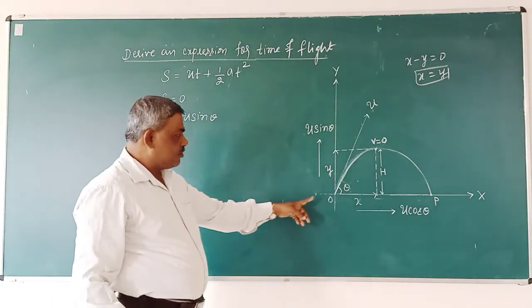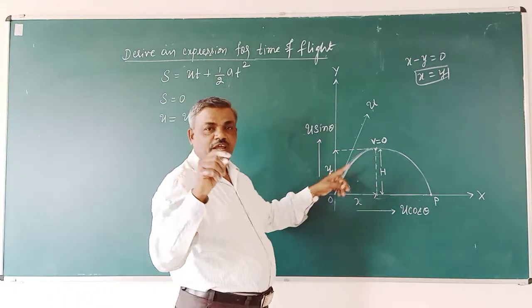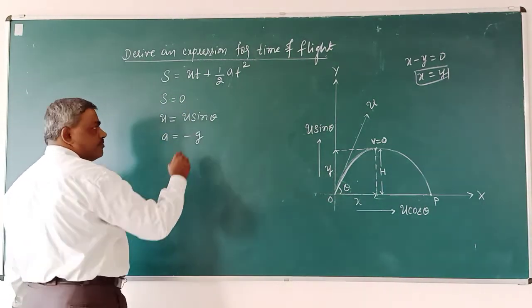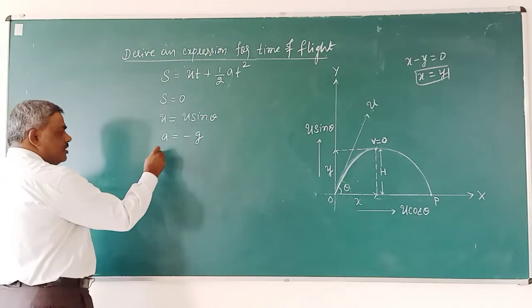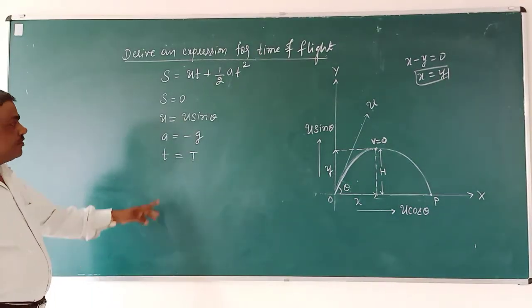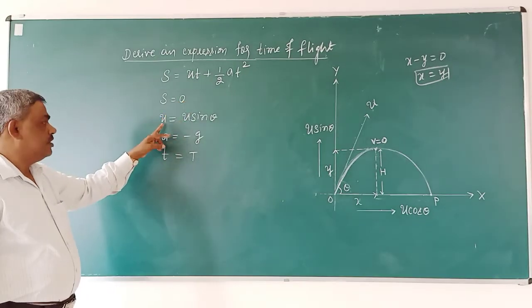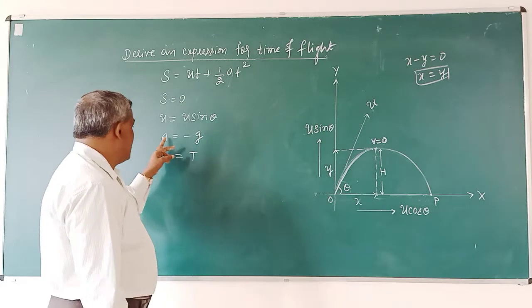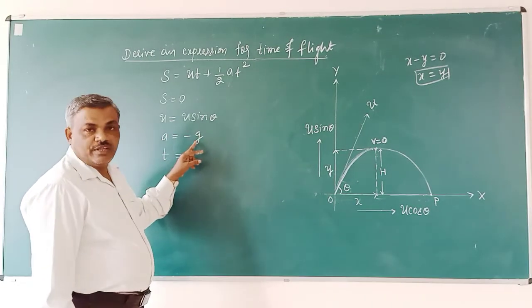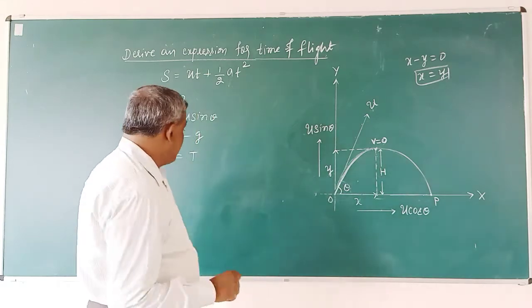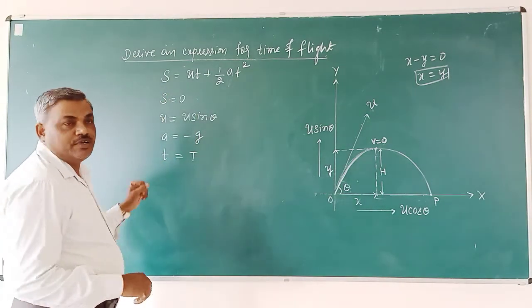The body is thrown up, it moves against gravity, so in place of a we take minus g, and small t equals capital T.